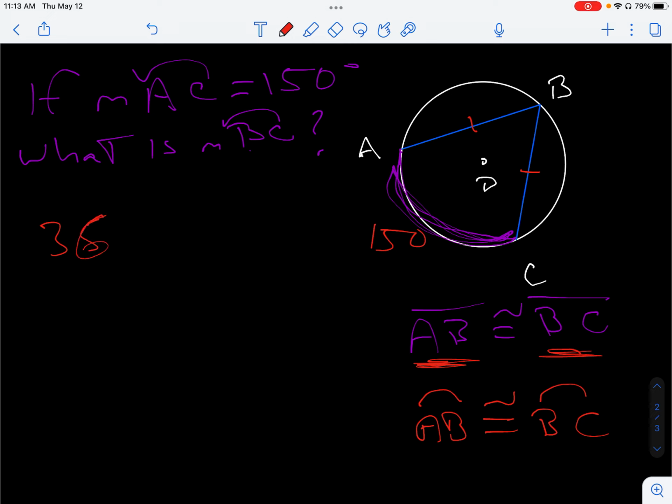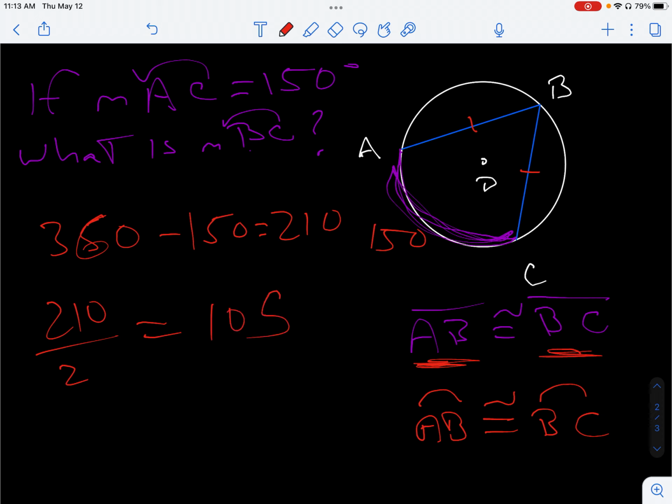So 360 minus 150 equals 210. 210 divided by 2, because I've got this one and this one, which are congruent, is 105. So the measure of arc BC equals 105.